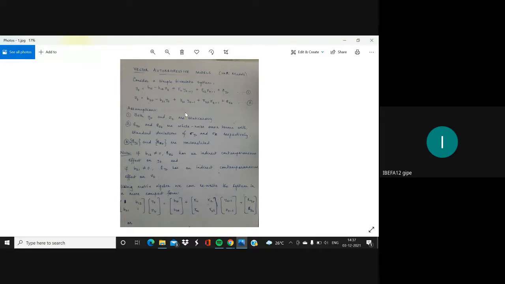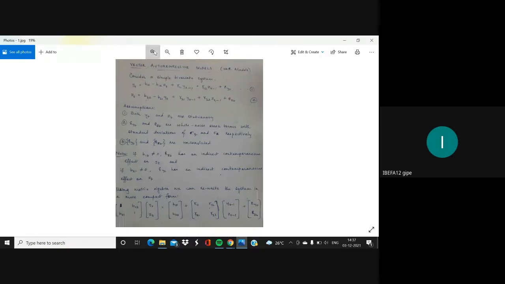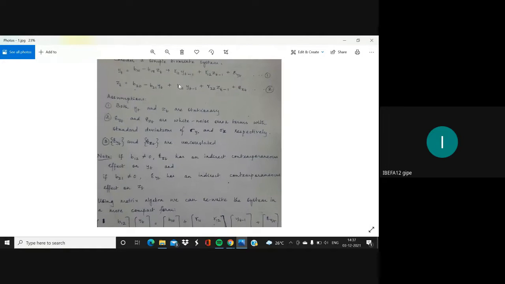But in certain cases xt affects yt and yt also affects xt. To allow for such feedback effects or bidirectional effects between variables, we usually use VAR models, estimate them, and then use them for forecasting purposes. So first we'll begin with a very simple bivariate model.